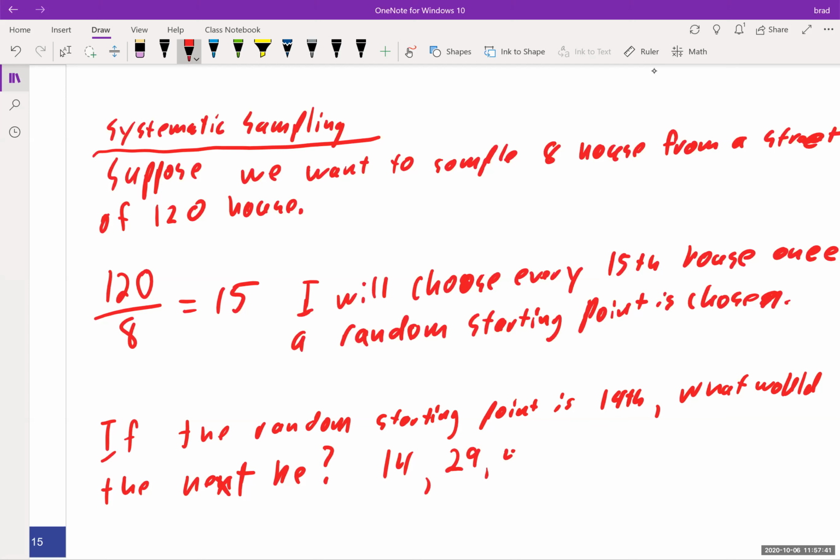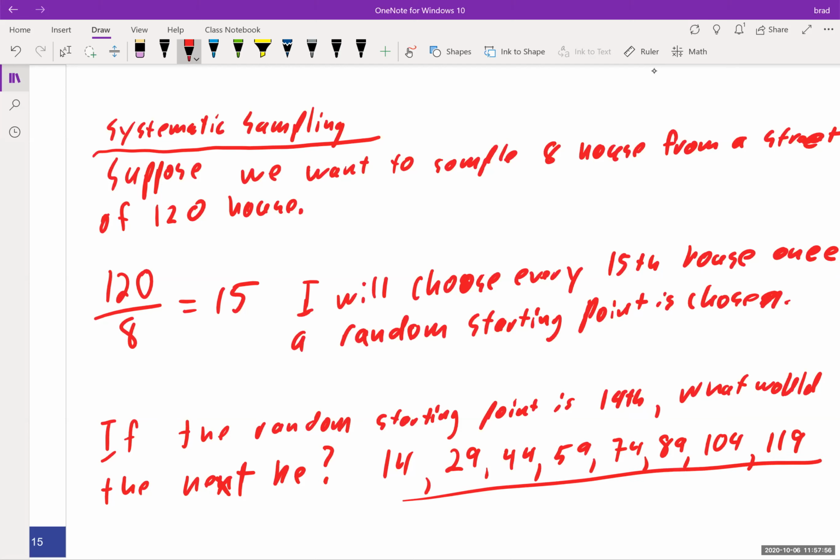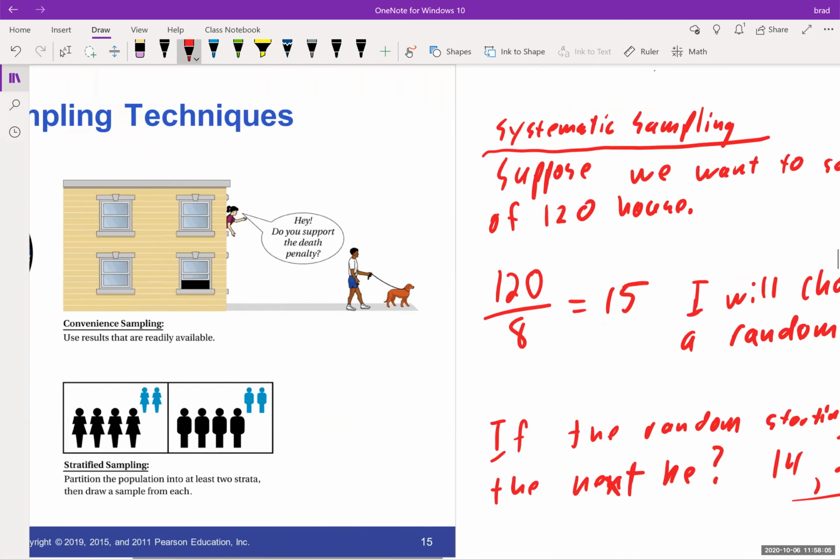Then we're going to add 15 and get the 44th house. We're going to add 15 and get the 59th house, 74th house, 89th house, 104th house, and 119th house. So these are all the houses I'm now going to choose because I started at the 14th. If I started at the 13th, I'd get a different set. So hopefully you guys can see that that's how systematic sampling will happen.